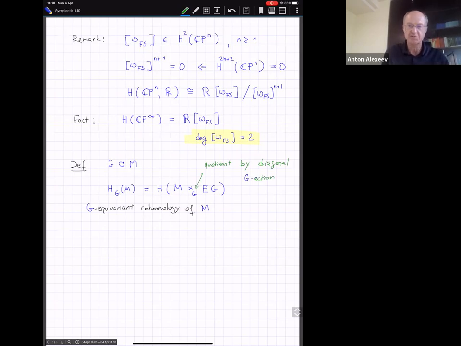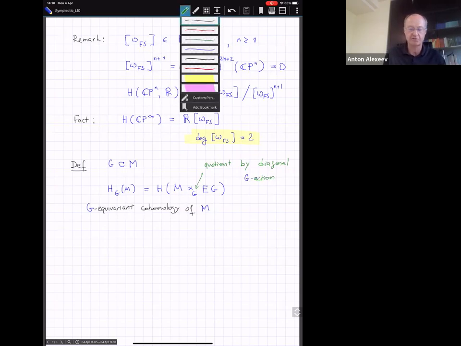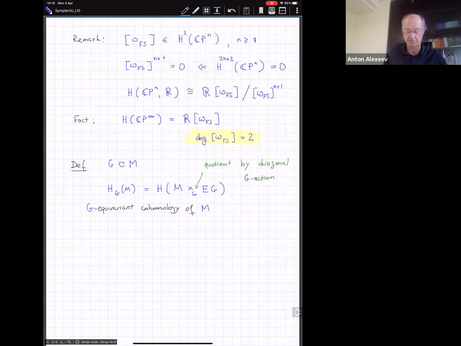So now what's the structure of those equivariant cohomology theories? We associate to a G space M this gadget. At the moment, it's very difficult to say what it is. But first of all, let's consider the trivial G action on a point. Then H_G of a point, by definition, is H of EG divided by the G action.